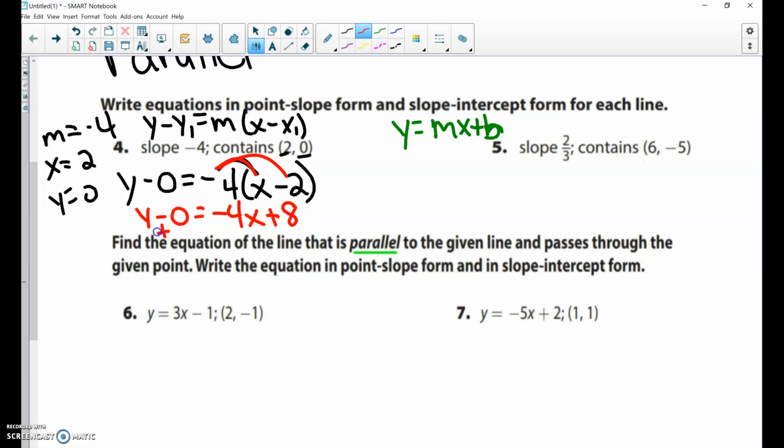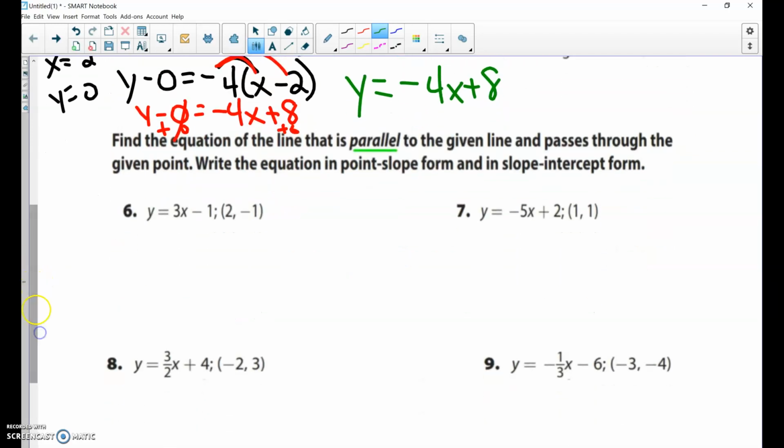Okay, and then remember, we need to get rid of this number here. So I'm going to add 0 to both sides, and adding 0 doesn't really do anything. So then our final answer here in slope intercept form, we'll write in green. So y equals negative 4x plus 8. Okay, and then you would do 5 the same way.